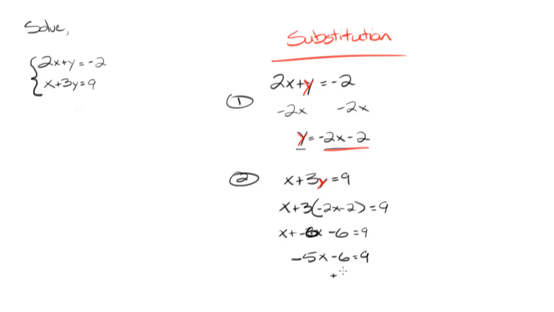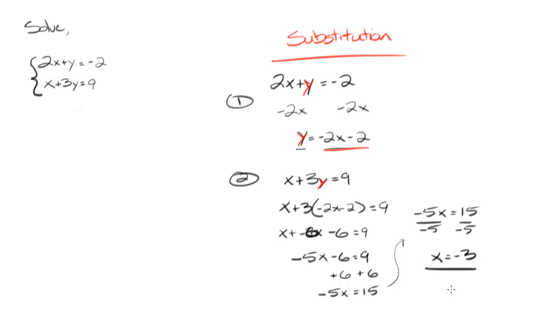I'm going to add 6 to both sides of this equation to get negative 5x equals 15. Divide both sides by negative 5, and what I get is x equals negative 3.